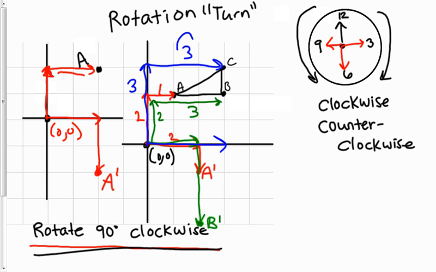And then this 3 is no longer going to be pointing towards the 3 o'clock, it's going to be pointing down towards the 6 o'clock. So right here, 3 units down. So that's where my new C prime is going to be located. So my new triangle is going to be located right here. So that is the triangle being rotated about the origin, 0, 0, 90 degrees clockwise.